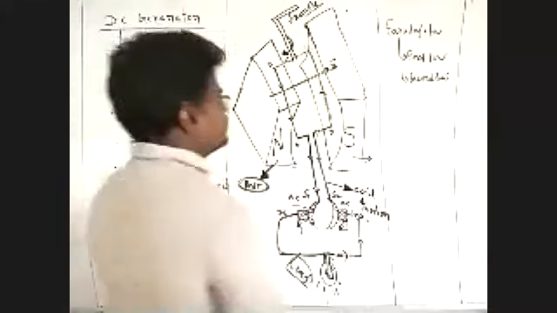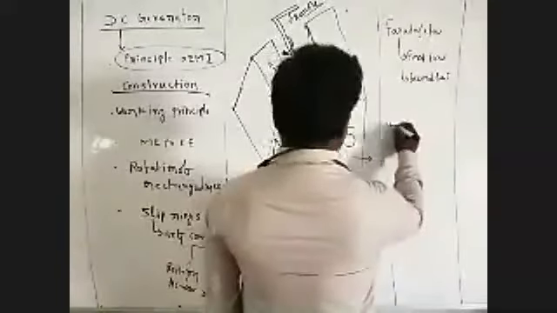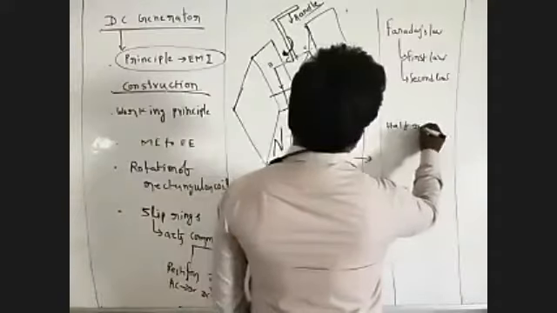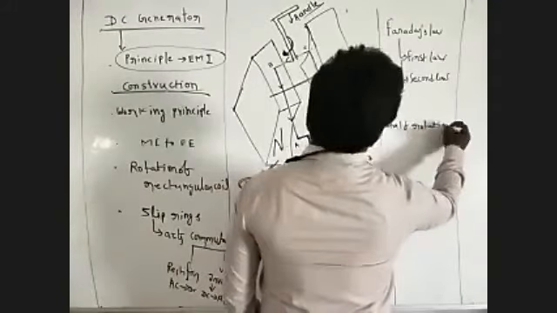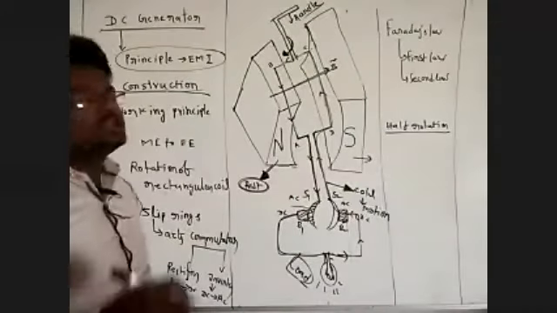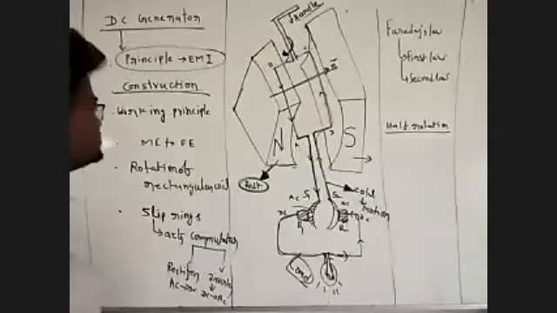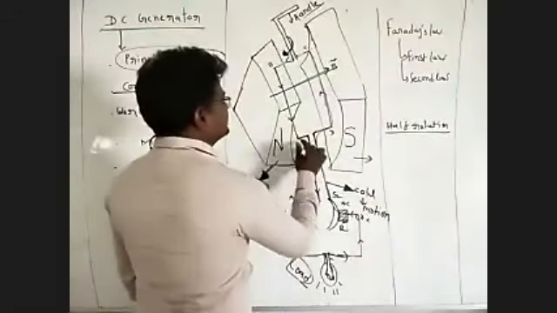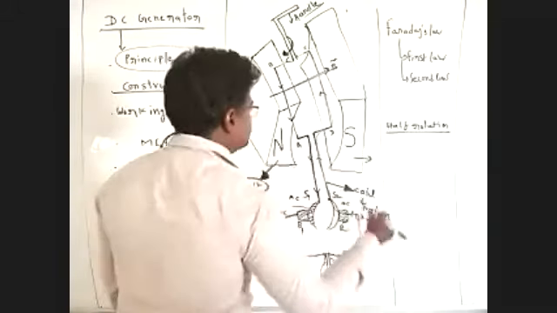This is the first half rotation, and that is the direction of current. Next, the second half rotation. What will happen?